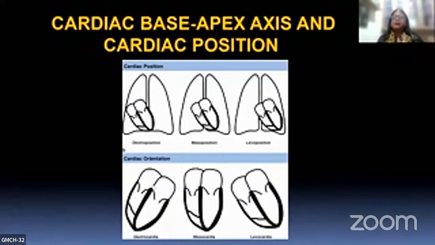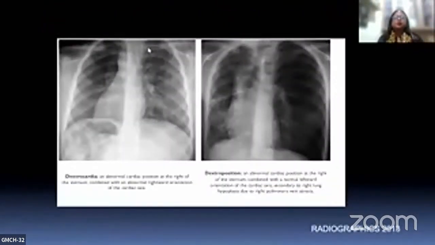When we define the base apex axis, if the base apex axis is towards the right side, it is dextrocardia. If it's towards the left side, it is levocardia, that is a normal position. And if the base apex axis is in the midline, we call it mesocardia. So here this is dextrocardia because the base apex axis of the heart is towards the right side.